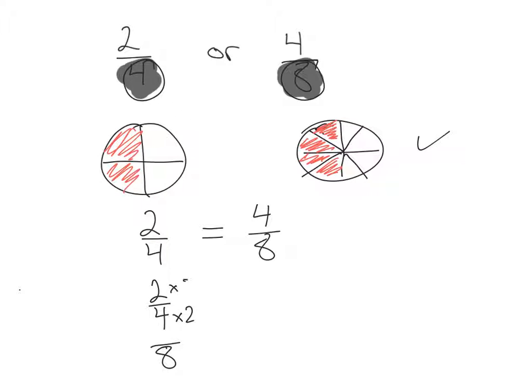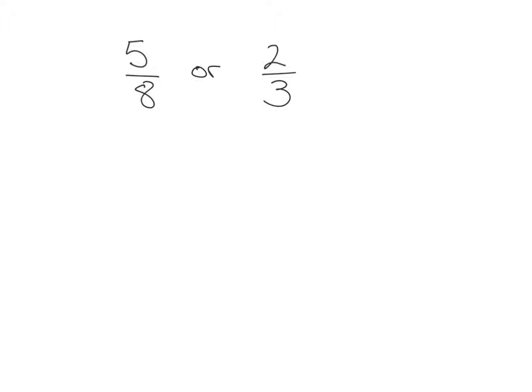But to keep it equivalent, we also multiply the top by 2, which gives us 4. On the other side, we have 4/8. So 2/4 is the same as 4/8. Get the same denominator, and then you can see which numerator is bigger or smaller, or in this case, the same.